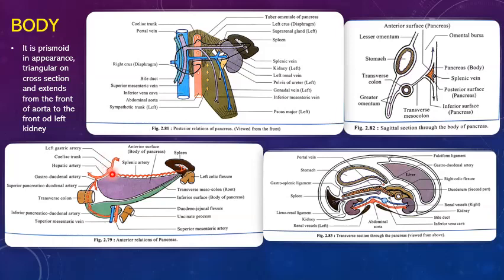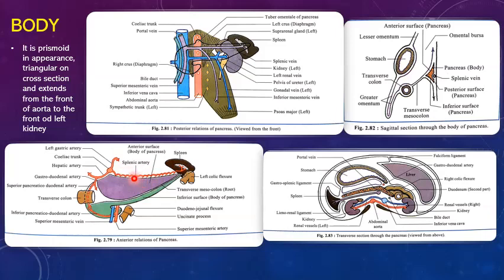Here this rounded area, the cross section you are seeing, is of the celiac artery. And towards its right side you will see the hepatic artery. So the rest of the border, this complete upper border or the superior border, is related to the splenic artery. Tortuous splenic artery, right?